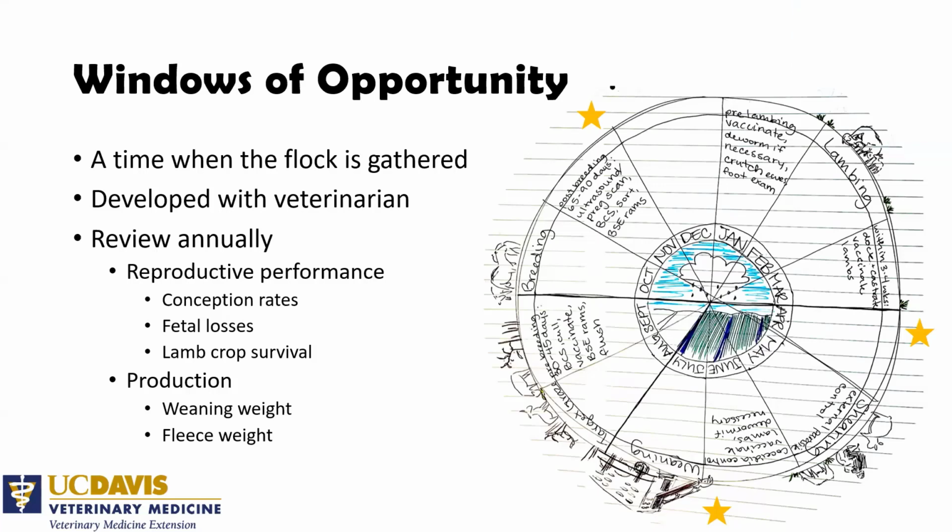The other reason that we wean, part of it's a feed resource for us. We want the good feed to go to the lambs, and a dry ewe has much lower nutritional needs than a lactating ewe or a growing lamb. So it allows us to utilize those lower quality feeds with the ewes and save the higher quality forage for our lambs.